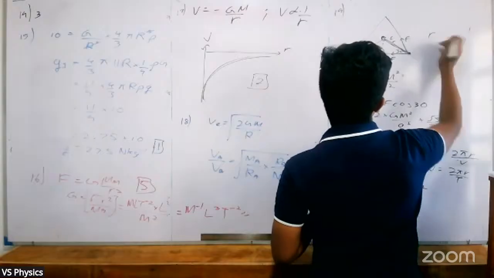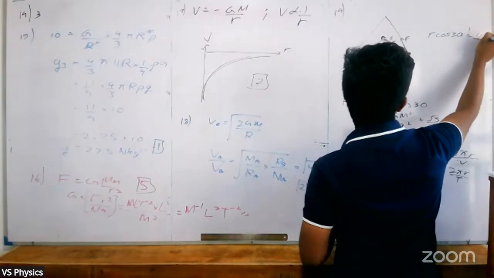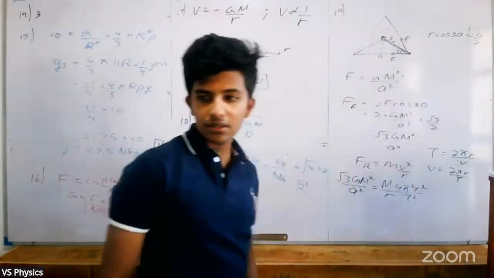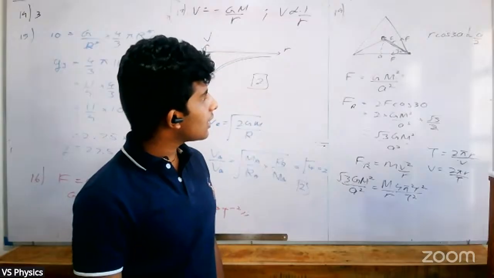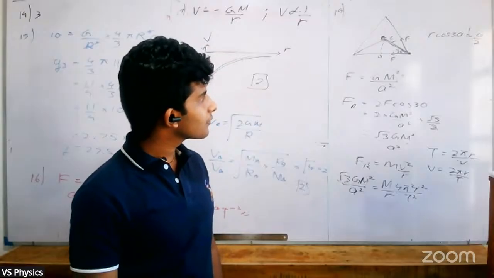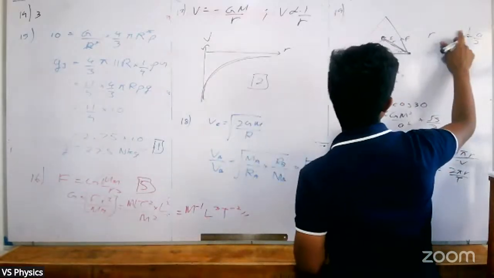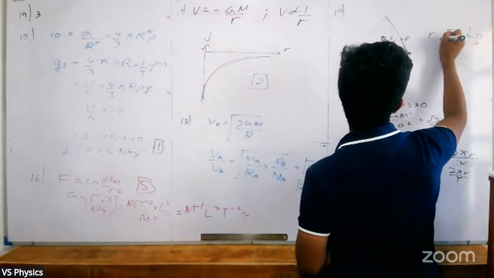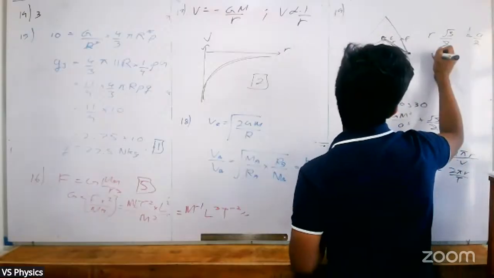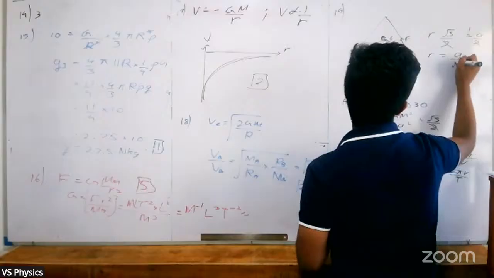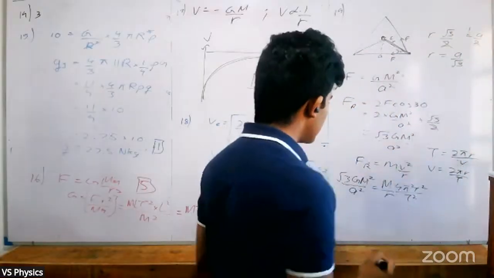Actually, r cos 30 is equal to a divided by 2. What is cos 30? We can write cos 30 as root 3 over 2. The 2s cancel. r is equal to a over root 3. Keep this, we'll cancel it off later, okay?